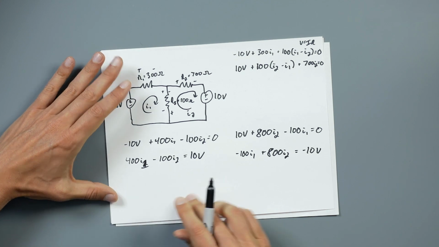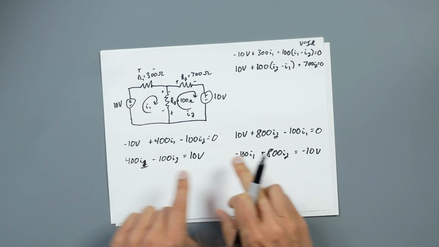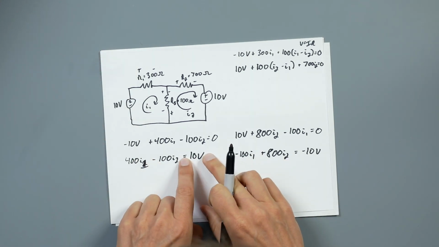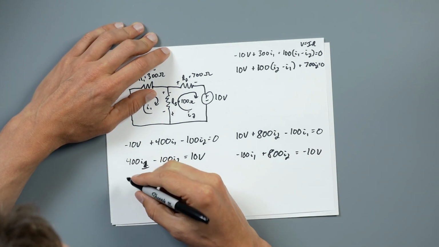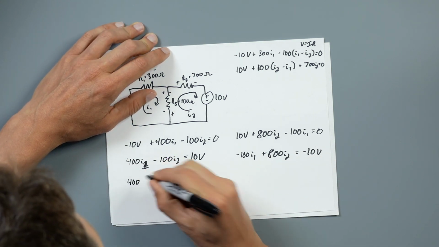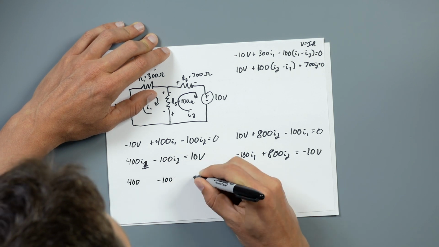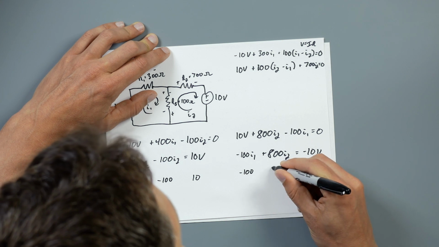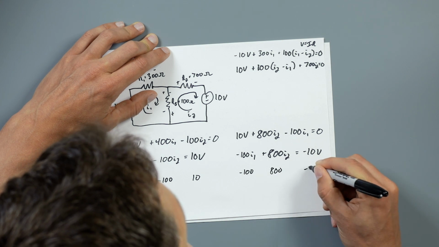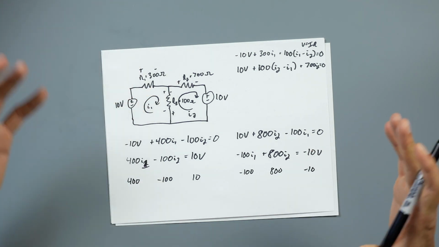And so now you see I have I1, I1, I2, I2, and then my voltages there. So I can put 400, negative 100, and 10 into my matrix calculator, and then negative 100, positive 800, and then negative 10 in my matrix calculator, and let's see what comes up.